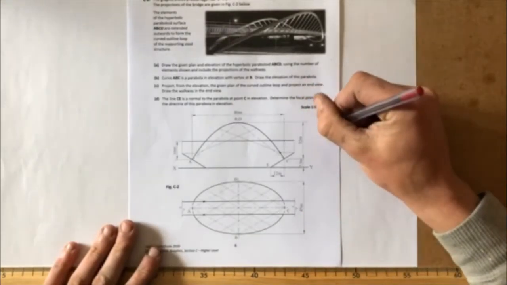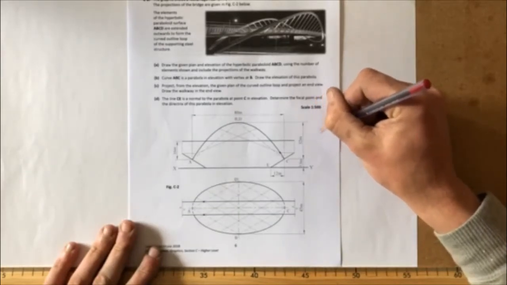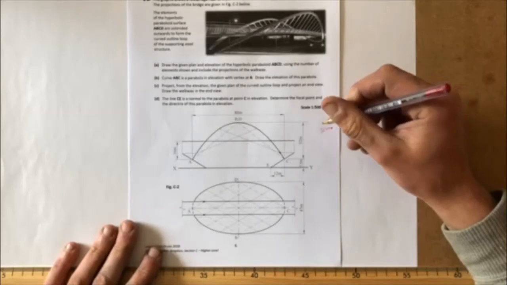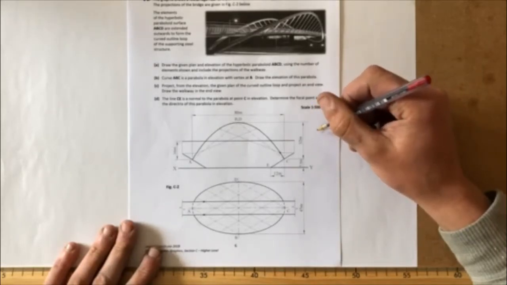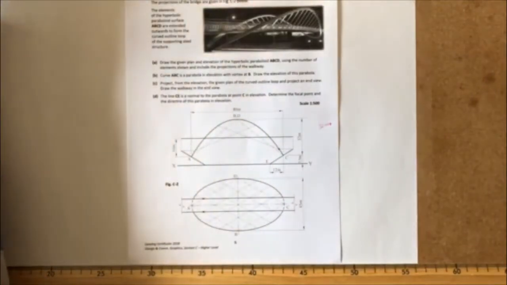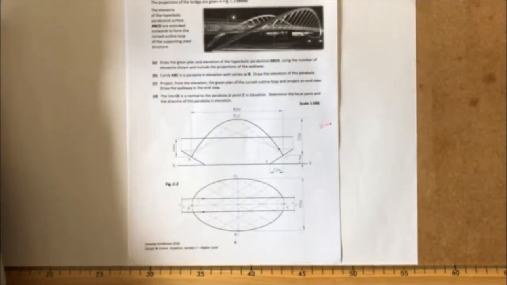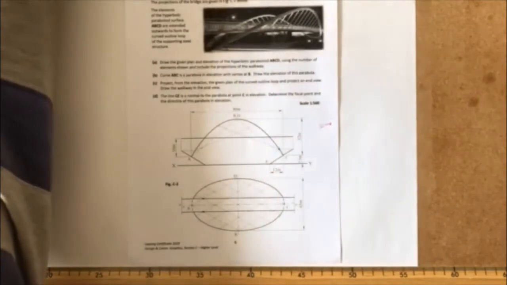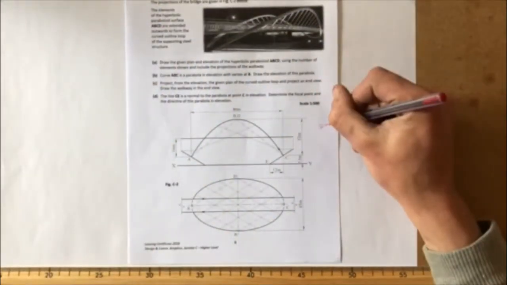So that's 32 meters. 32 meters is 32,000 millimeters.